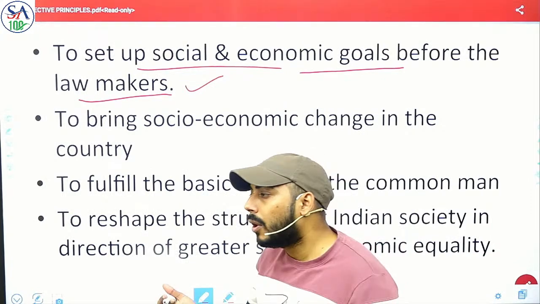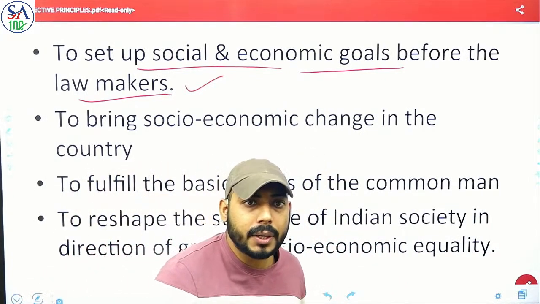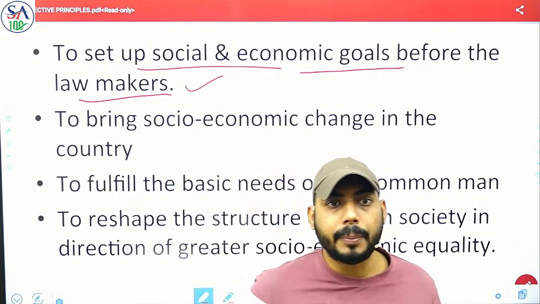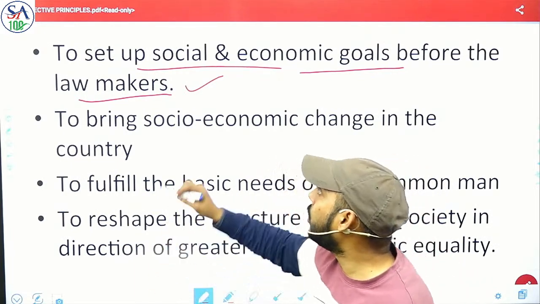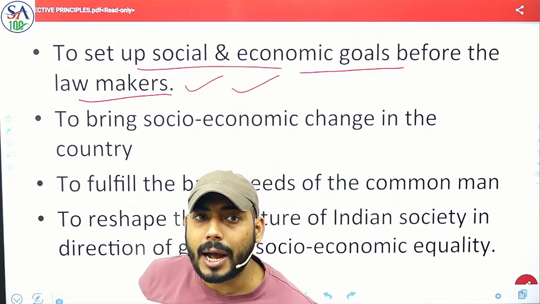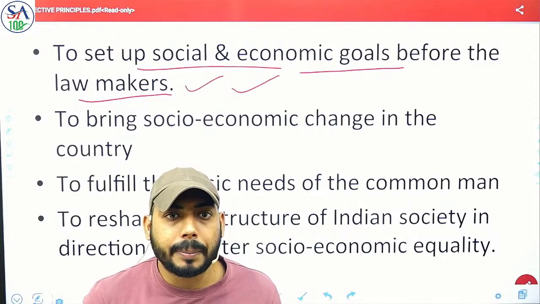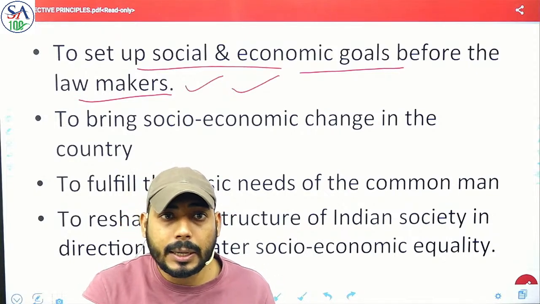Lawmakers are sitting. Now what target they have for their public or for common people? It should be given or directed by the DPSP that they have to achieve certain targets for the welfare of the people. It is directed by the DPSP.